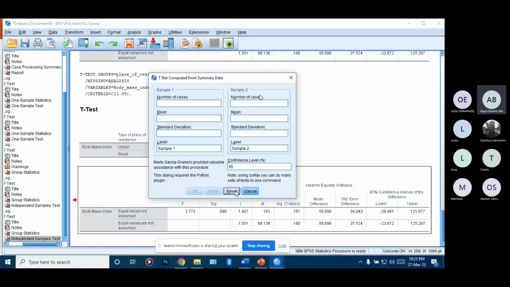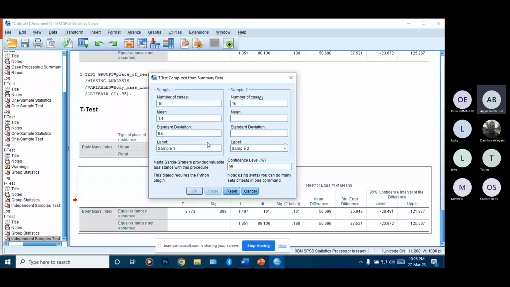Okay, for the t-test computed summary, for example, we have two samples. We have their number of cases. For the first sample, let's say we have 15, their mean to be 1.4, their standard deviation to be 0.5. And the second sample, they are also 15 in number.